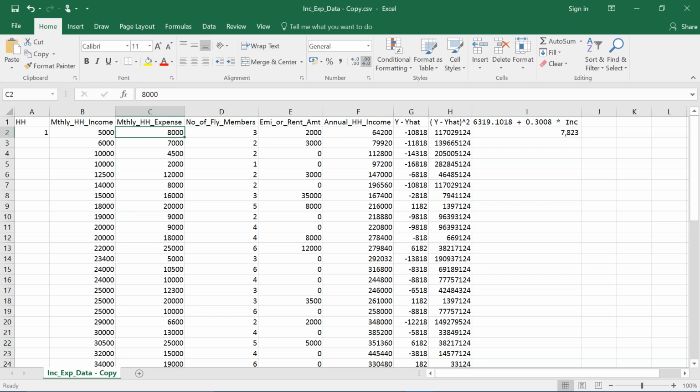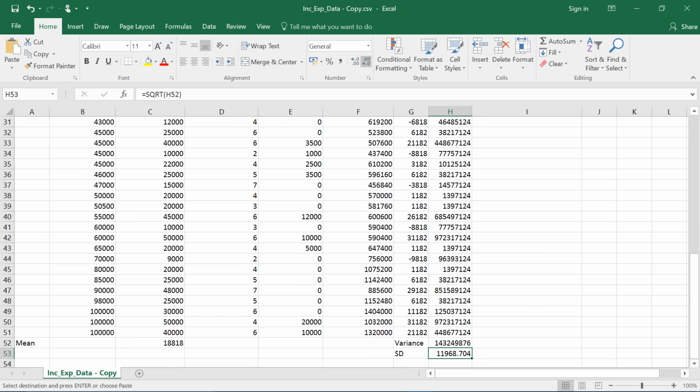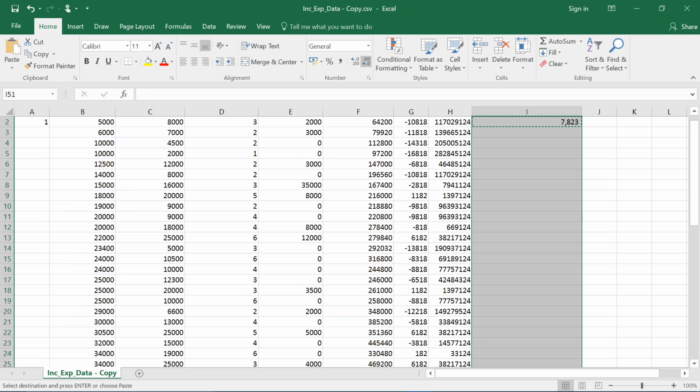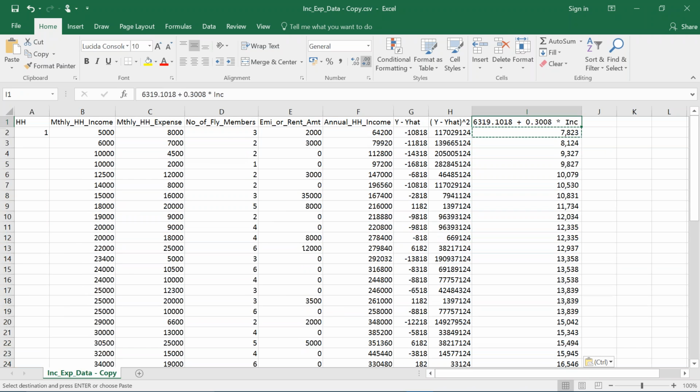So 8,000 is actual expense. My estimate is 7,823, which is very close. Yeah, definitely for some it will not be that close. For some it would be far off. For the second one, actually 7,000, I estimated 8,000.